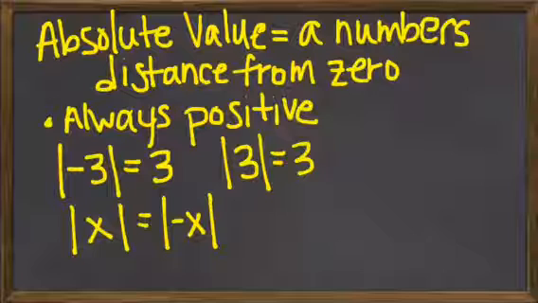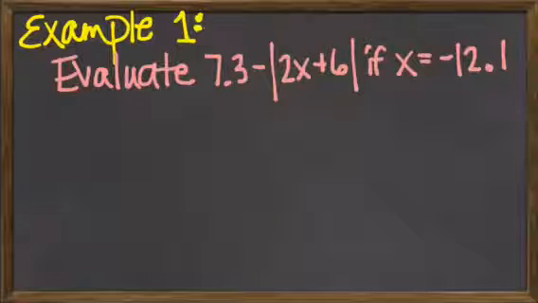Let's go ahead and do some examples where we're going to have to solve. In this example, we are just going to see how absolute value works. So we need to evaluate, which means find the value of this expression, 7.3 minus the absolute value of 2x plus 6, if x equals -12 and 1/10. So where I see x, I'm going to plug in -12 and 1/10.